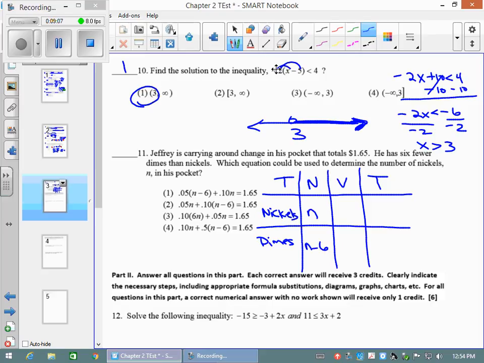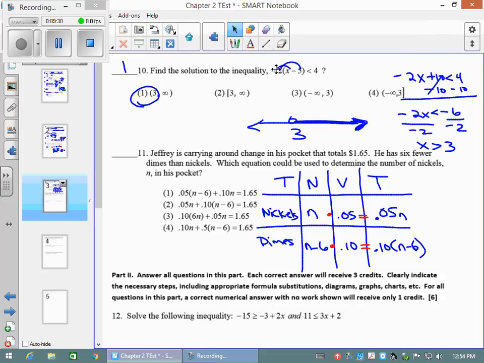The value of a nickel is 5 cents, and the value of a dime is 10 cents. To get the total, you want to multiply the number times the value. So we get 0.05 n plus 0.10 times n minus 6. Since n minus 6 is 2 terms, I'm going to put them in parentheses.